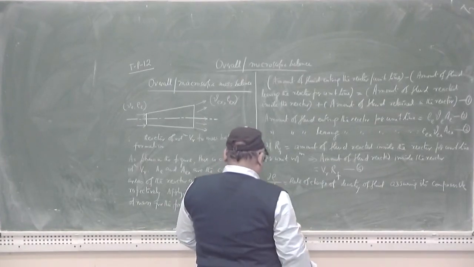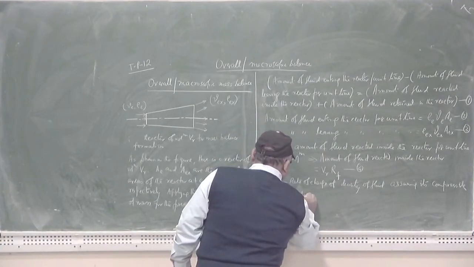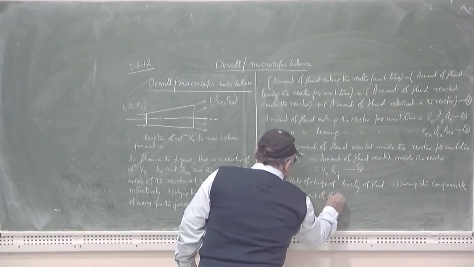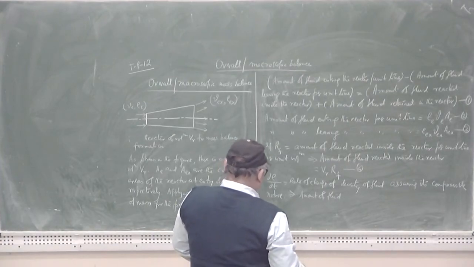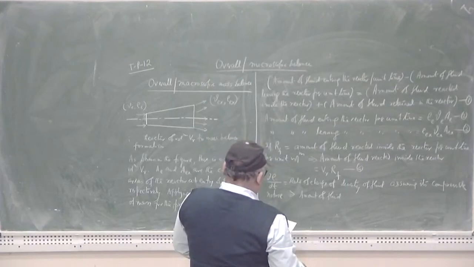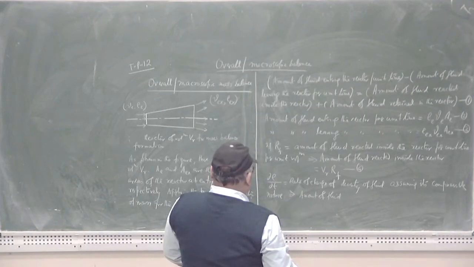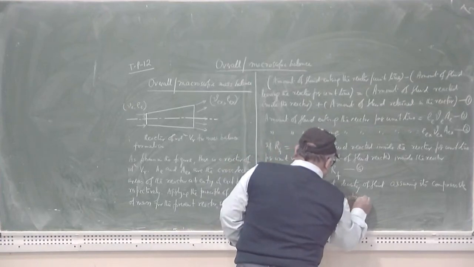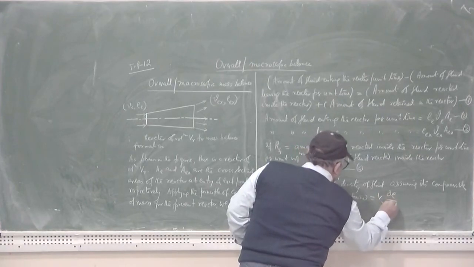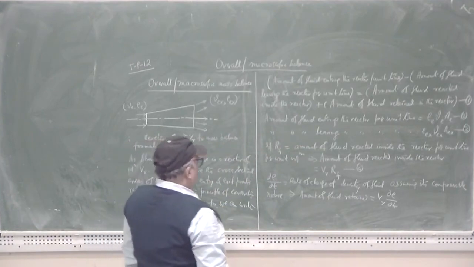So, the amount of fluid retained in the reactor is equal to VR into del rho by del t. Let it be equation number 5.